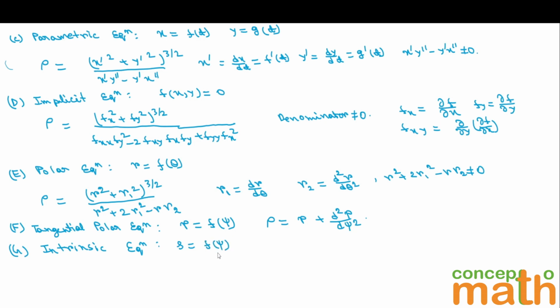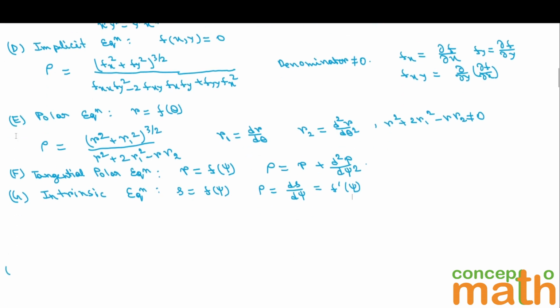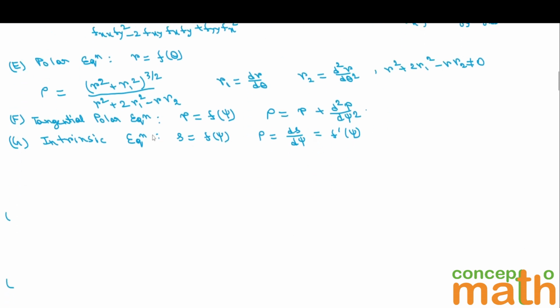So in this kind of case, the radius of curvature will be directly ds d psi, that means f dash psi, and we have to plug the point psi at which we want to find out the radius of curvature. So with this discussion, let us do few problems to find out radius of curvature.